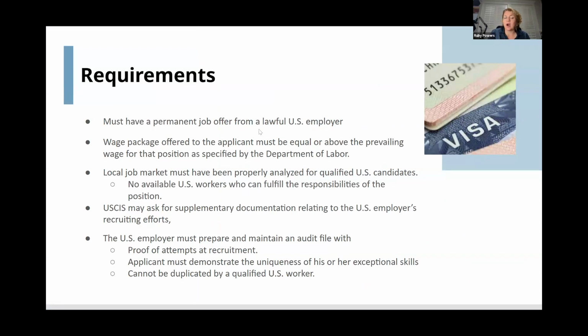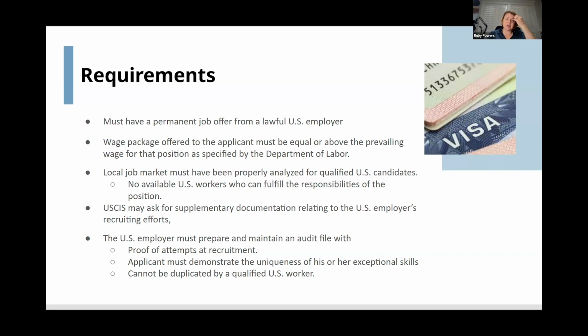The requirements are: you must have a permanent job offer from a lawful U.S. employer. The wage package offered to the applicant must be equal to or above the prevailing wage for the position as specified by the Department of Labor. The local job market must have been properly analyzed for qualified U.S. candidates, so no available U.S. worker could fulfill that position.